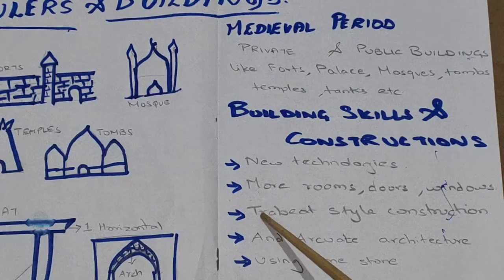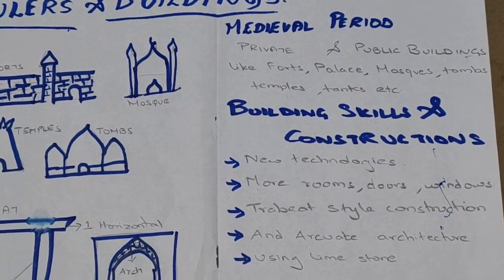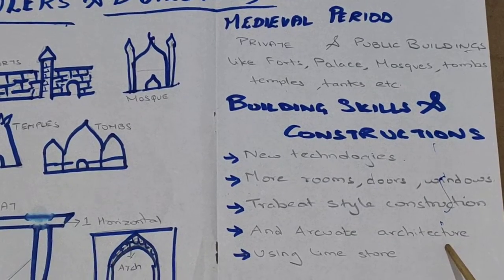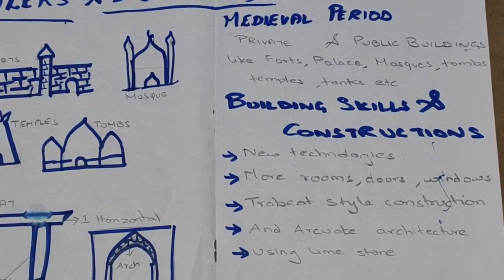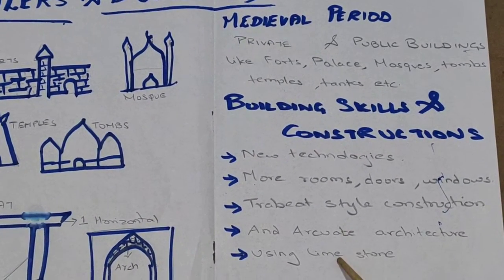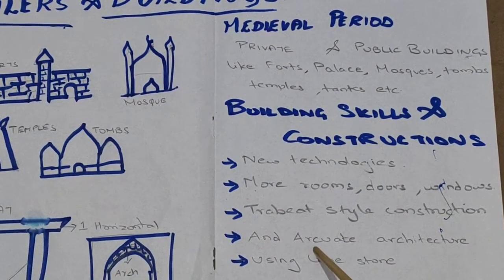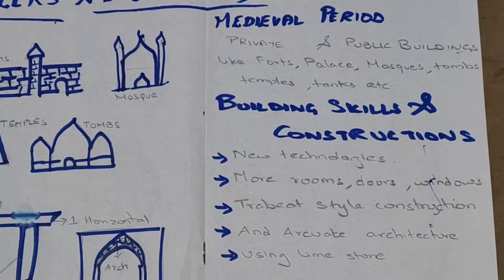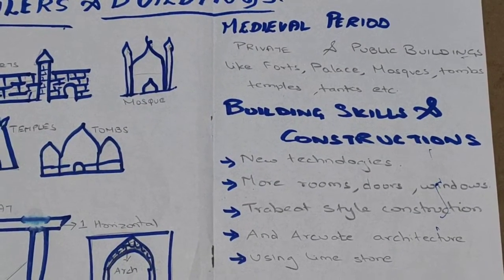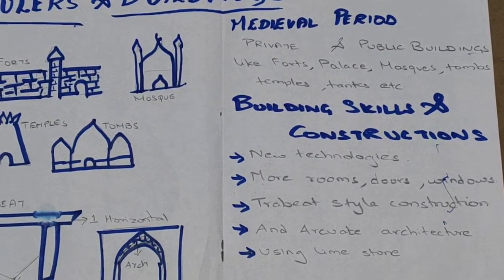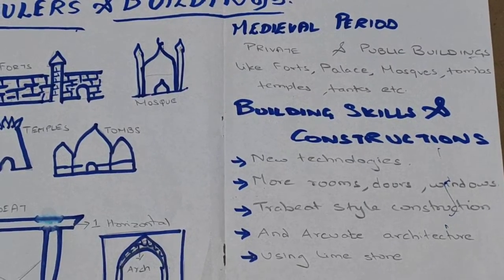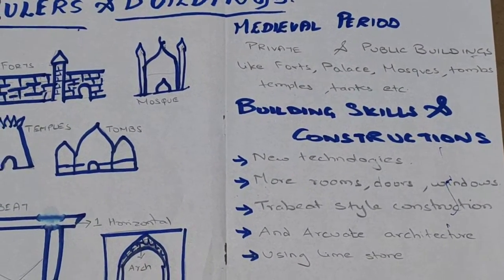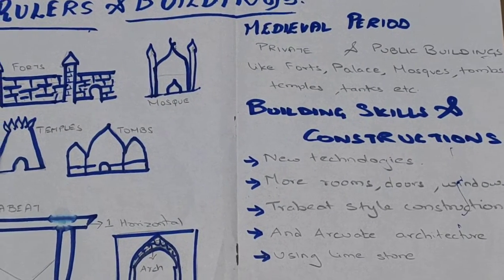It was done in Trapeze style construction with an arcuate architecture using limestone. They used limestone to build arcuate architecture because limestone was a faster way to complete the constructions. The limestones, with the help of small stones, were used in the constructions to make it faster.